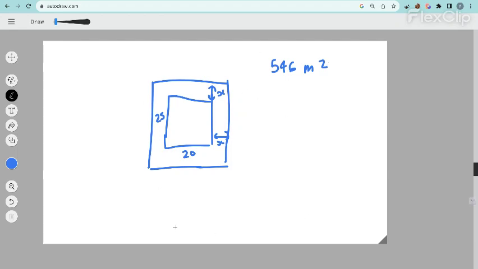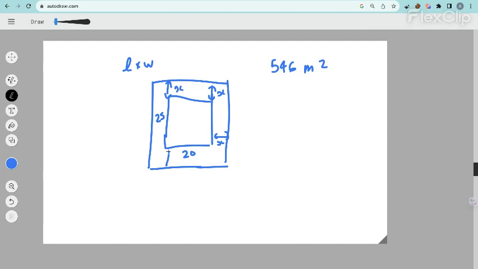We know the area of this entire thing. We don't know the area of this. So how would you find it? Well, let's think about this logically. The formula for an area for a rectangle or a square is always length times width. We have length here and we have width here, but that's for this small space. How would you find the length and width here?